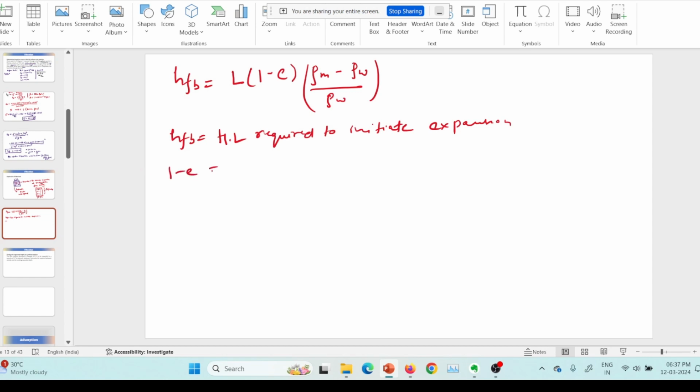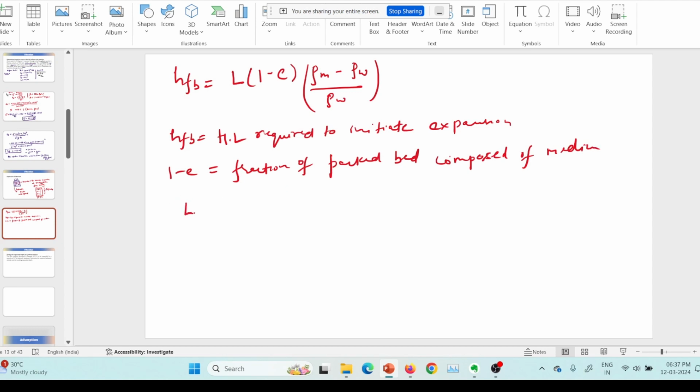1 minus E here is the fraction of packed bed composed of medium.